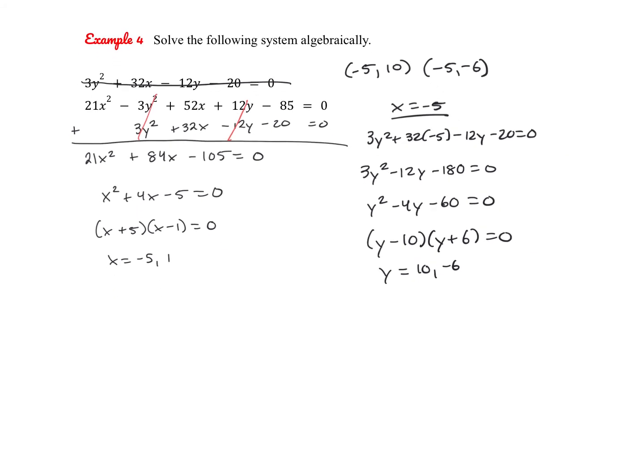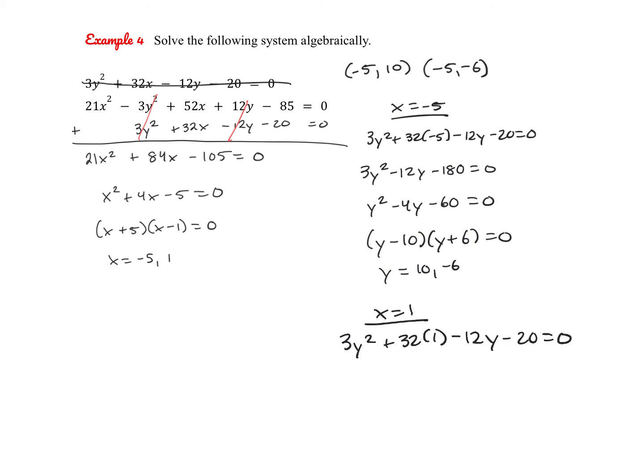And now we can substitute our other x value. So now we have to substitute x equals 1 into that same equation. So 32 times 1 minus 12y minus 20 equals 0. So we have 3y squared minus 12y plus 12 equals 0.